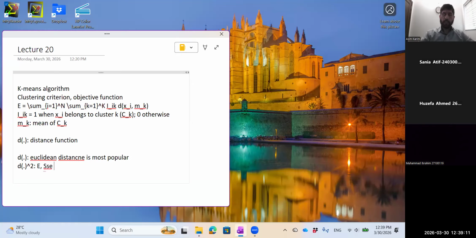Which is identical actually. If you square something, a monotonic function, your objective minimum will be where it was before. But it makes computation a bit easier because the square root is gone. So sometimes that error function, if you square it, is also called the sum of squared error. Okay? So that's another thing that you need to keep in mind.